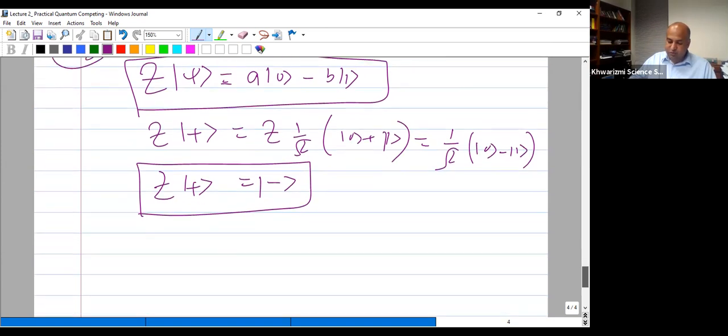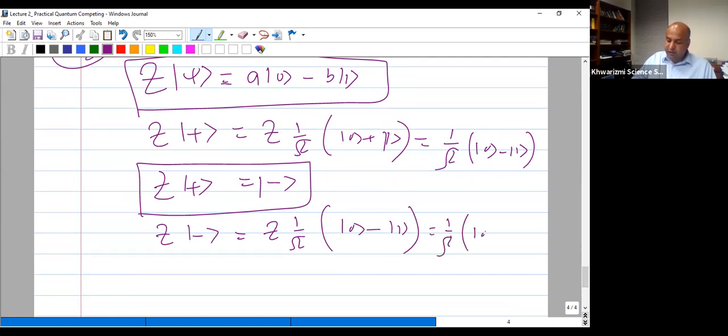And let's see what it does to the minus state. So when Z applies to minus, which is 0 minus 1, we effectively get the plus state because this minus sign becomes plus. So this is a very nice gate.